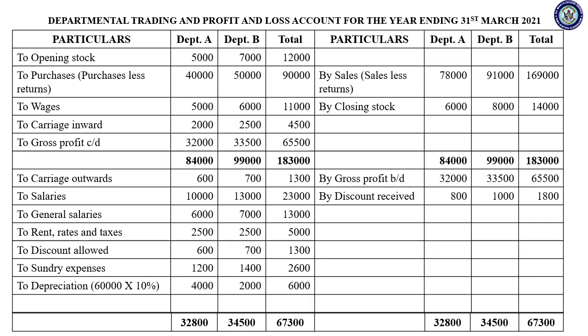So total 32,800, that is department A, 34,500 department B, 67,300, that is the total column. Same thing you write on the debit side, 32,800, 34,500, 67,300.